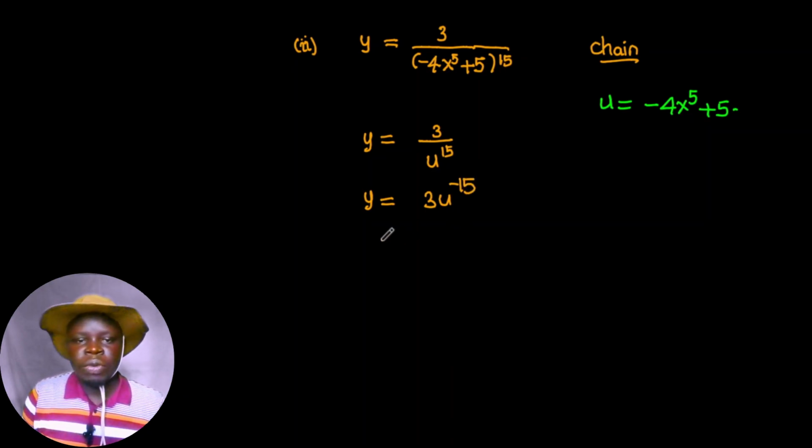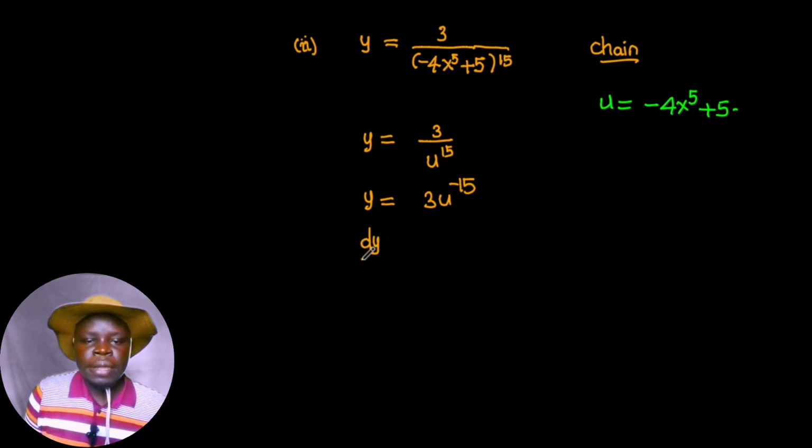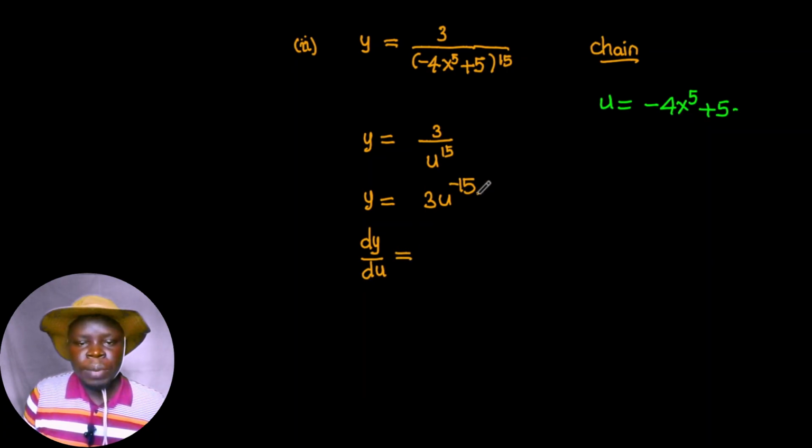And from here, we can go ahead and start differentiating y with respect to u, because the variable here has changed to u from x. Here we can say dy by du is given by, firstly, using the power rule, we multiply by our power here, and we have negative 15 times 3.